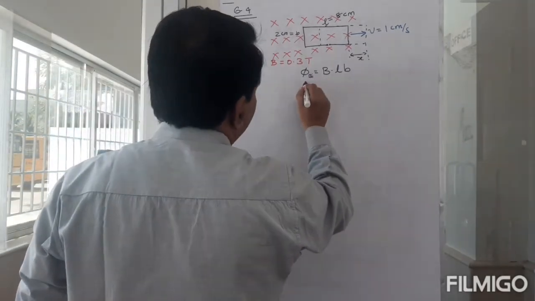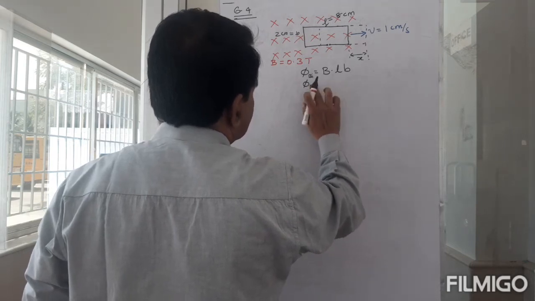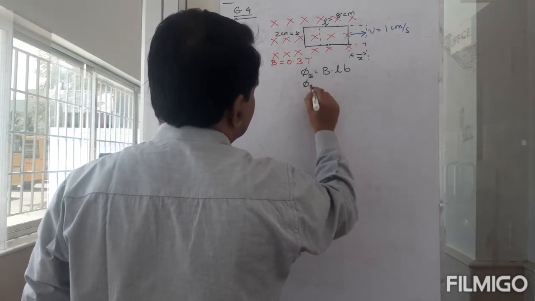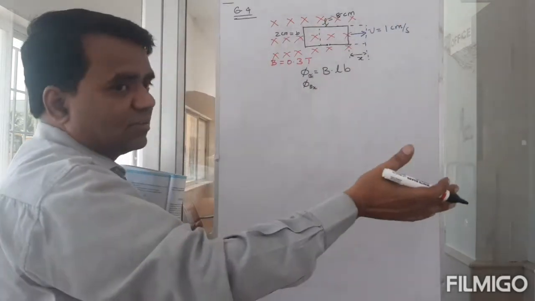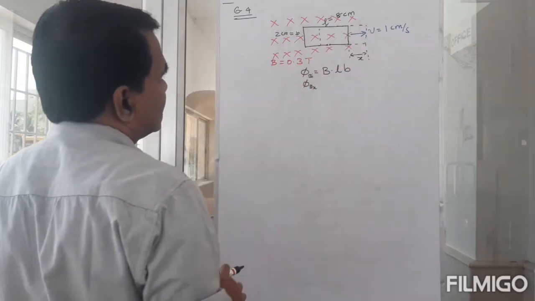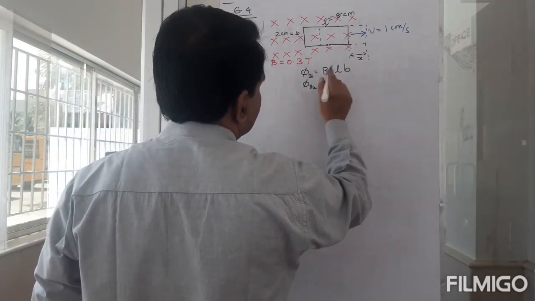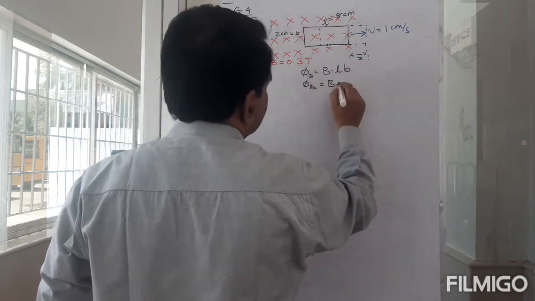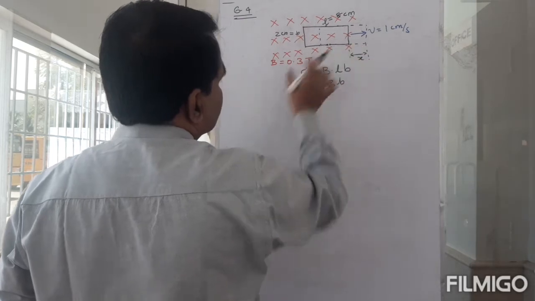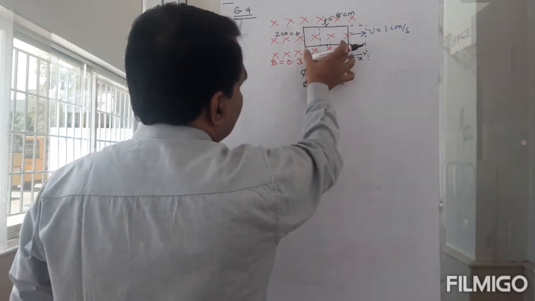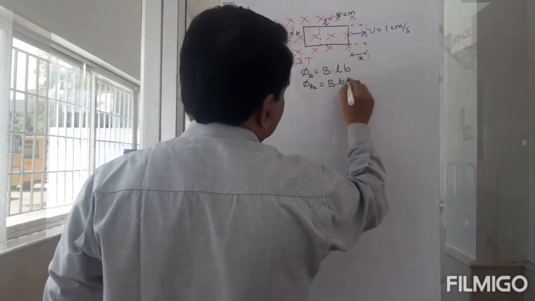So now phi B at some distance x, I'm not going to call it final, since final will be 0 only when you take it completely out. At some distance x, the flux is equal to the same B and the same small b, but now you don't have L. Now you have L minus x.